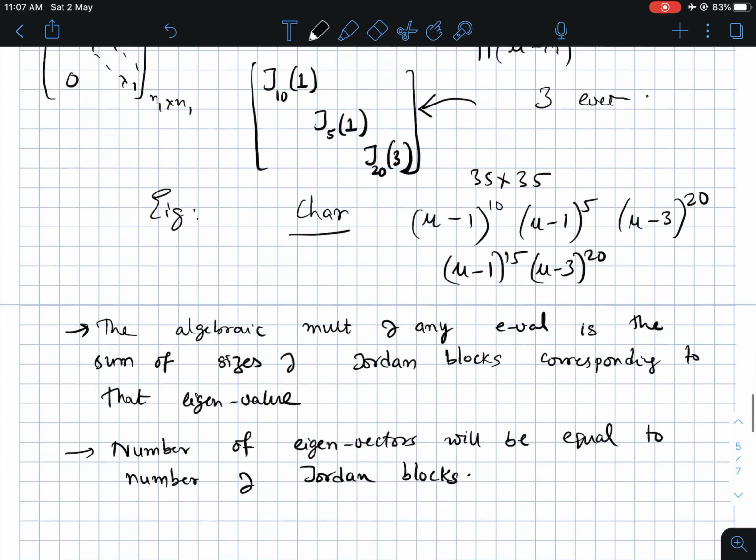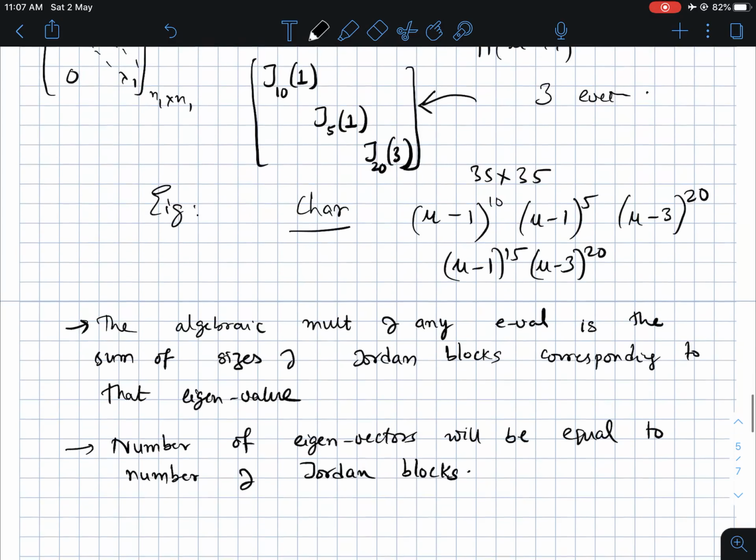We can actually write down what they are. The first eigenvector is going to be E1, corresponding to the first block. The second eigenvector will be the one corresponding to this one. For you to get an eigenvector of this, you need to have a 1 in the position where this block is beginning.